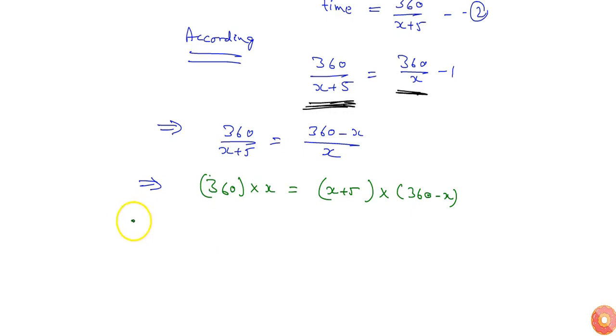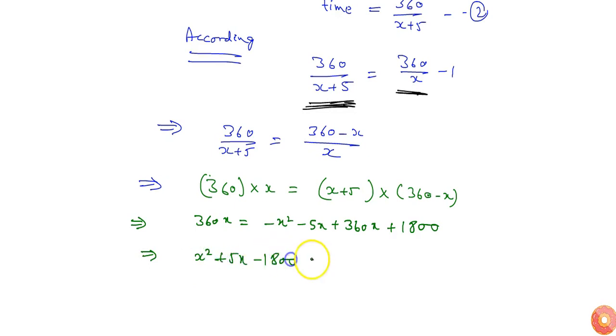So if I simplify this, I will get 360x equals minus x square minus 5x plus 360x plus 1800. So it will be x square plus 5x minus 1800 equals 0.